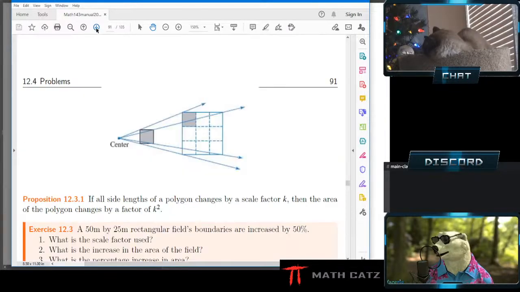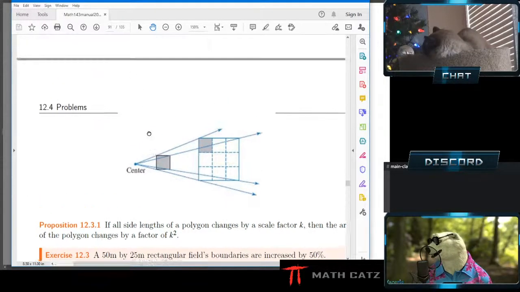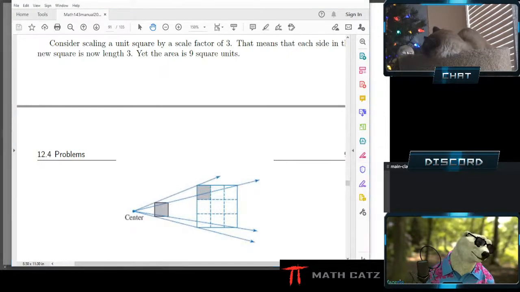Well, let's look at a very simple example. Let's take this little square. That's my original square. And I'm going to transform it. I'm going to scale it by a factor of 3, meaning the side lengths are going to be 3 times what they were originally.